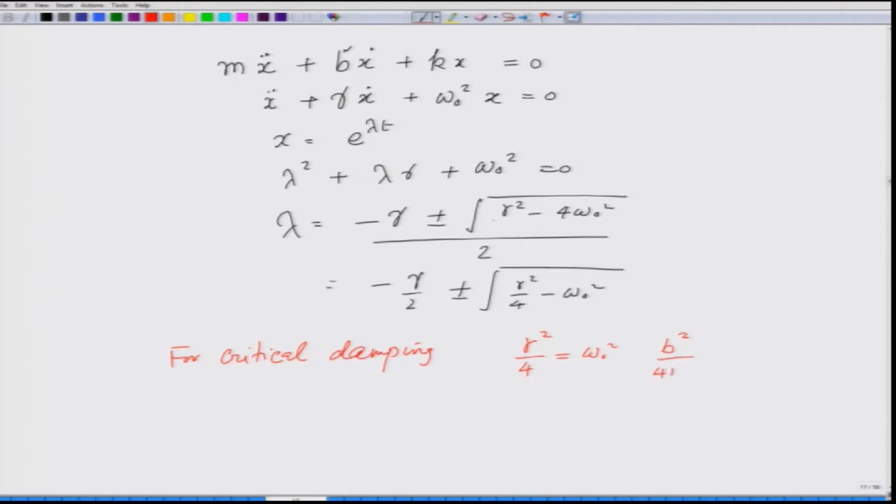So, B square over 4 m square is equal to omega 0 square. For heavy damping, I have gamma square by 4 greater than omega 0 square, and therefore, B square over 4 m square is greater than omega 0 square.